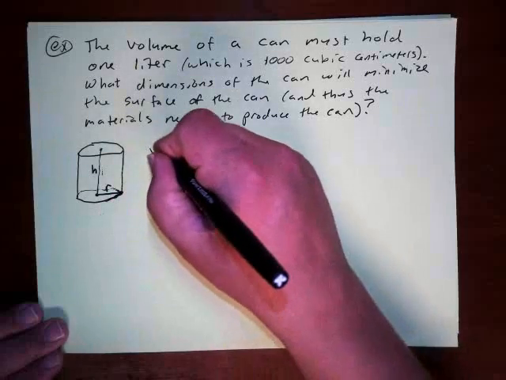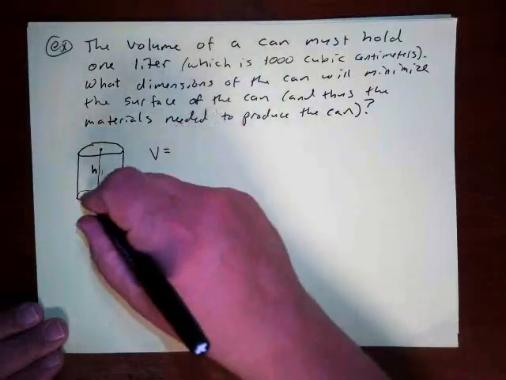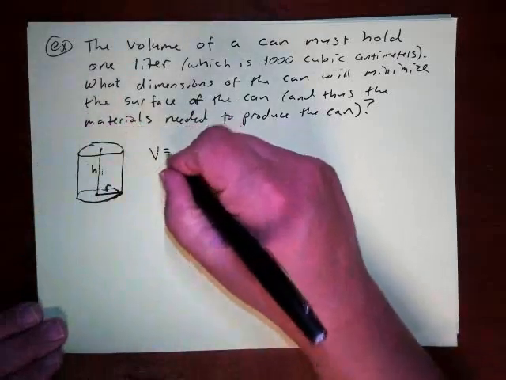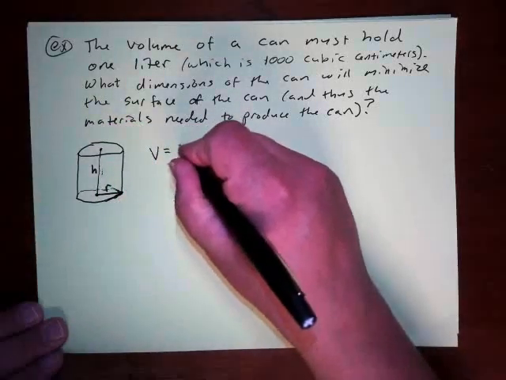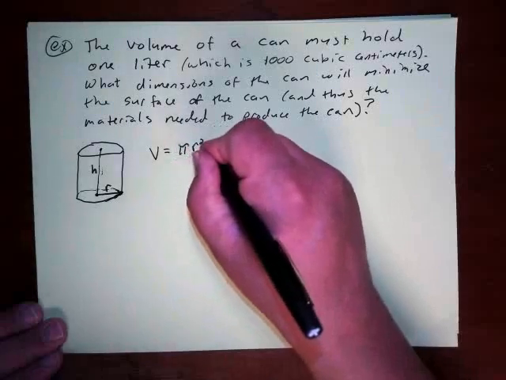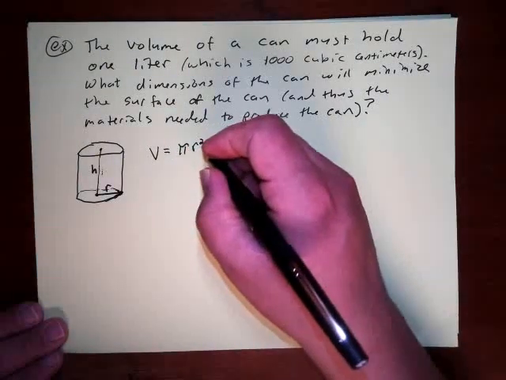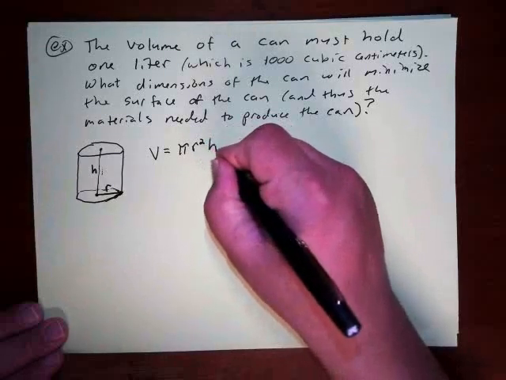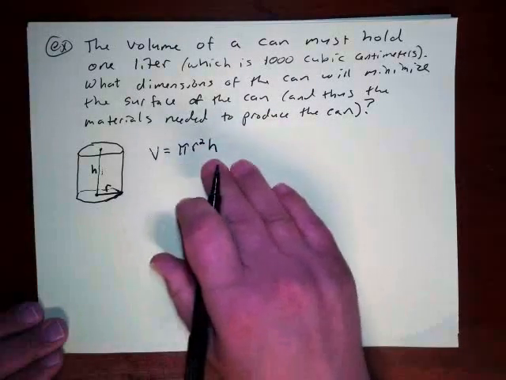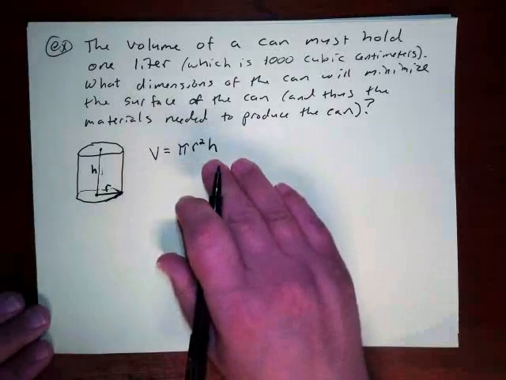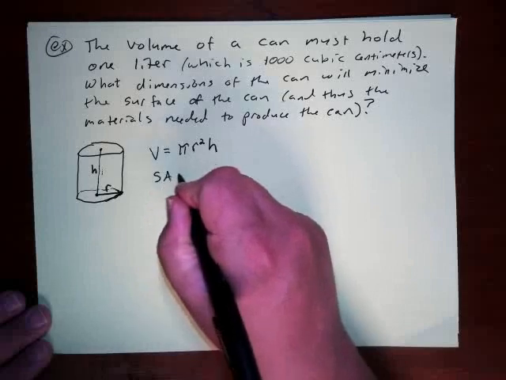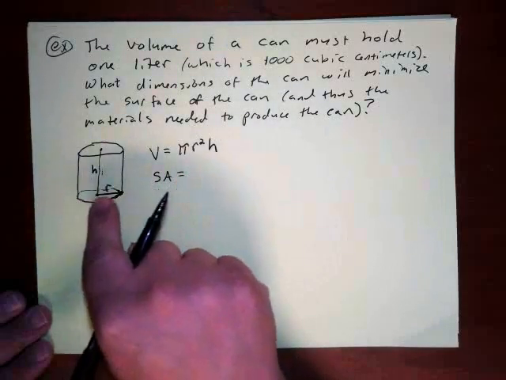The volume of this can, which we'll call V, is the area of the circle times the height of the can. The area of a circle is pi r squared, and you multiply that by the height h, and that gives you the volume of the can.